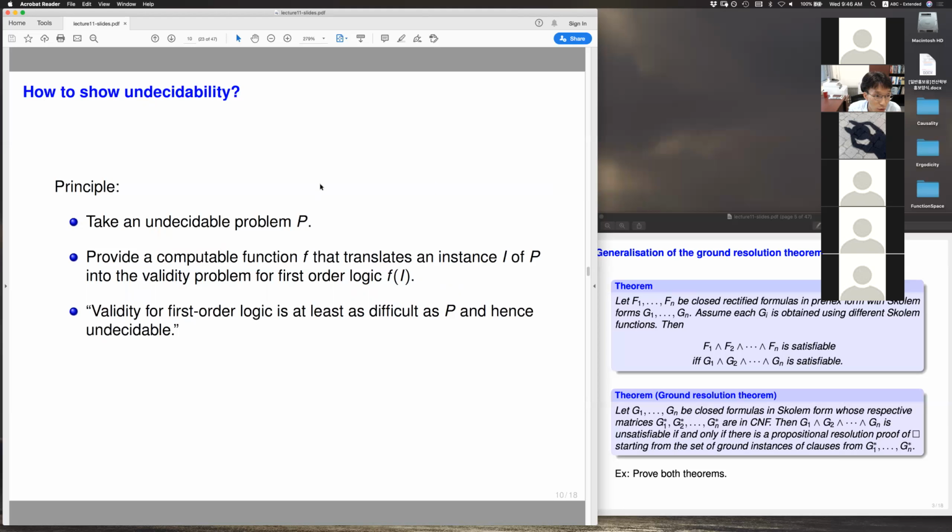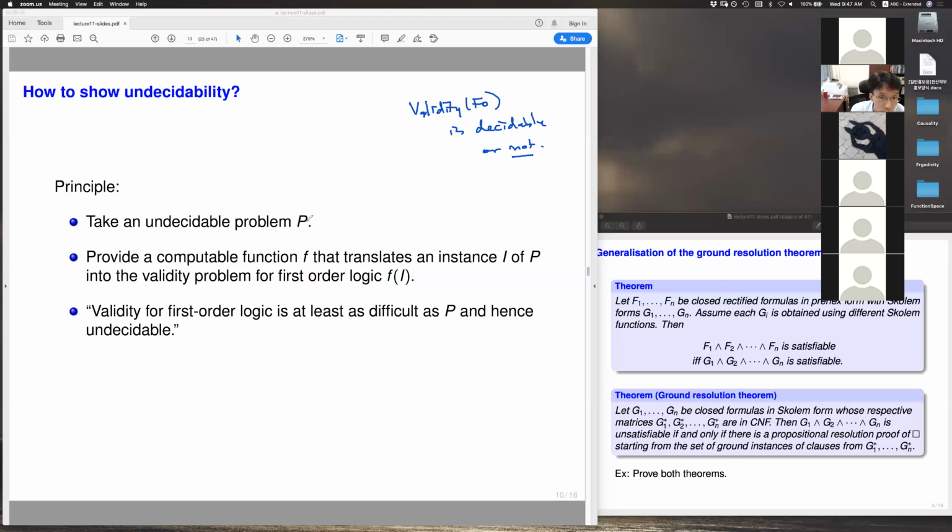Suppose I'm interested in showing some problem Q, but in this context, we are interested in whether the validity problem for first-order logic is decidable or not. So this is what we are interested in, and we want to show it's not decidable.